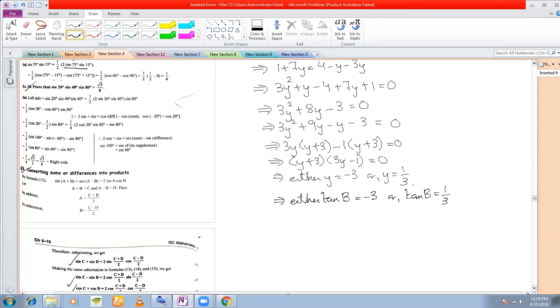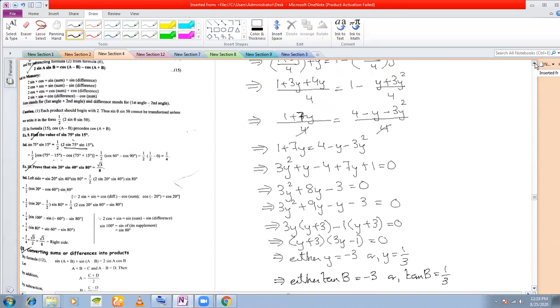Now I want to find tan a. So we'll have two cases. When y is equal to minus 3, we'll put the value of y in 1 to get the value of x. We consider the first case, that is when y is equal to minus 3.